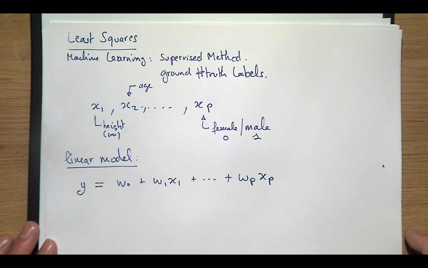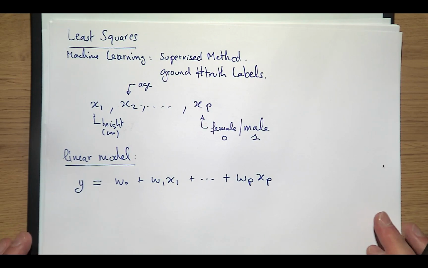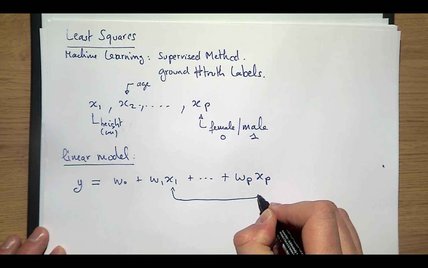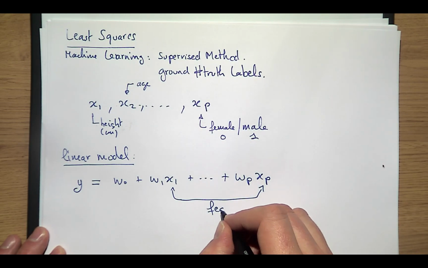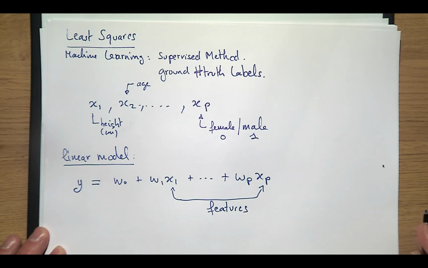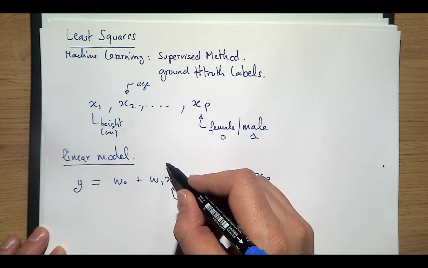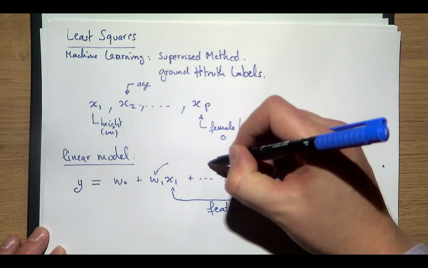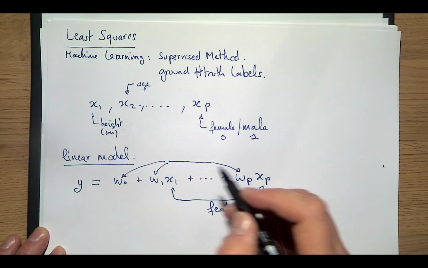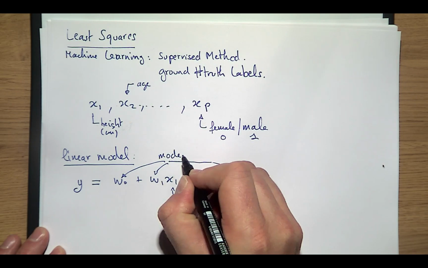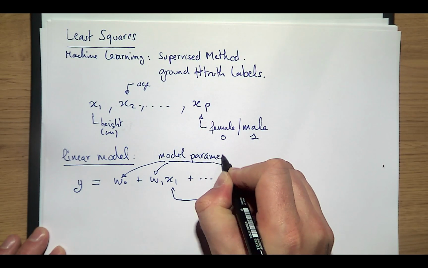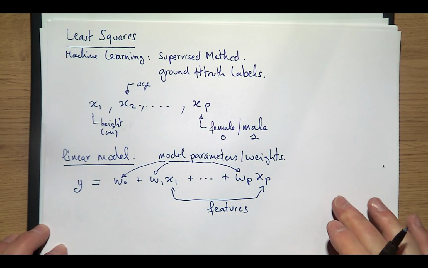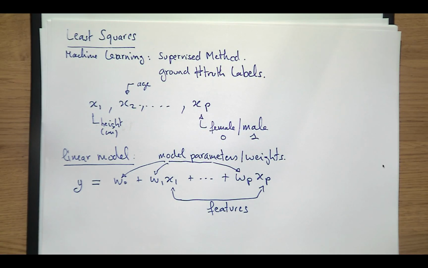Okay? So these x1, ..., xp, again, are your features. And these w1, ..., wp, and even w0, would be the model parameters, and sometimes called the weights in machine learning, okay?